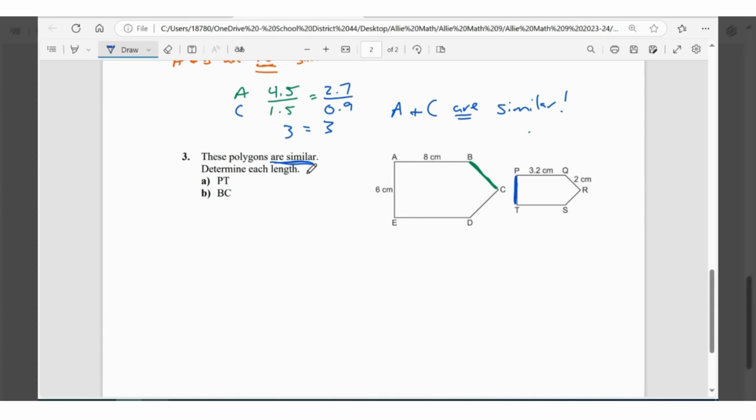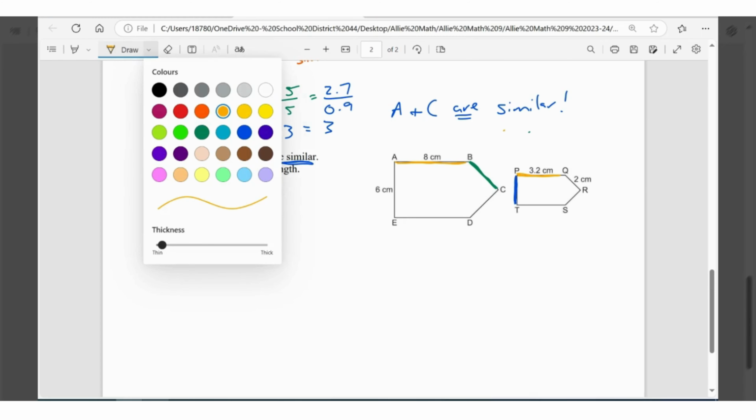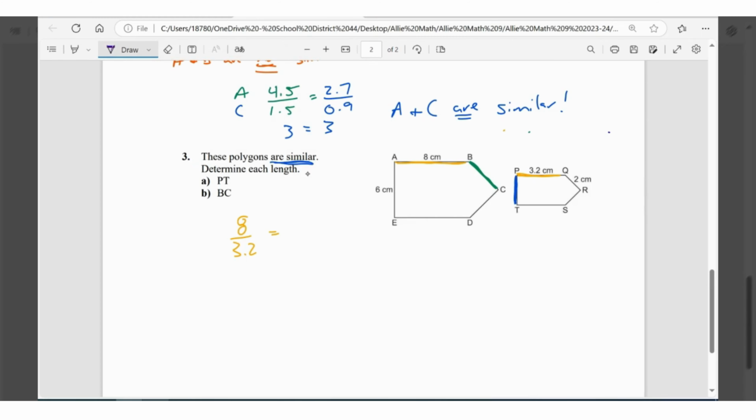So if we have 8 over 3.2, so maybe I should do some colors. Maybe that will help you. So this side right here over this side right here. So if we have 8 over 3.2, it should be equal to the relationship between, let's do purple, this side right here, 6, over this side right here, the PT. So let's do PT.